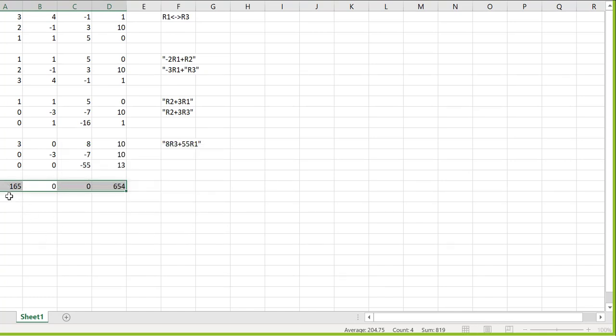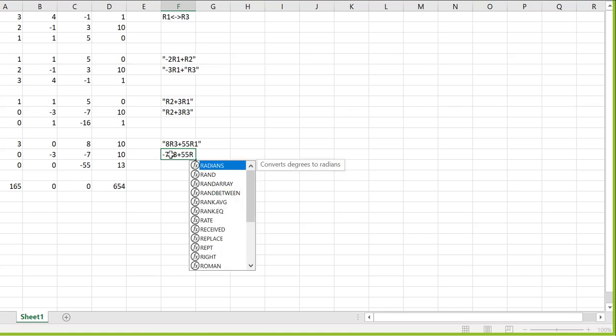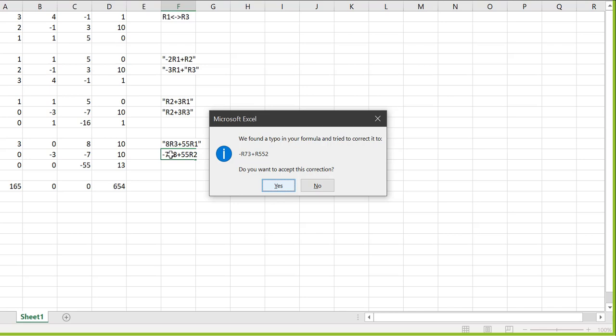All right, and then row 2, we're now going to do something similar. I'm going to have to do negative 7 times row 3 plus 55 times row 2, and that will be to replace row 2.